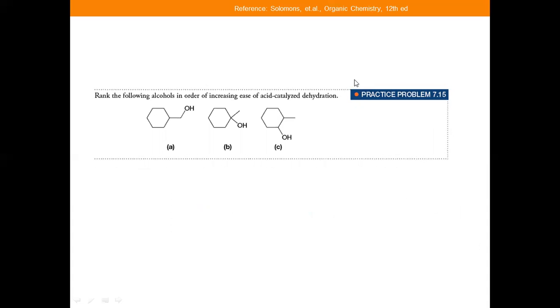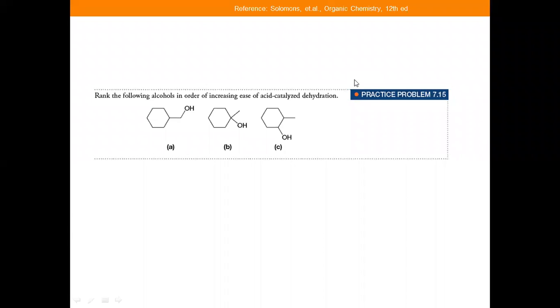So A, B, C, which one will be much more reactive, much easier to undergo acid catalyzed dehydration? Is it A, B, C? Ian? I guess letter A, ma'am.